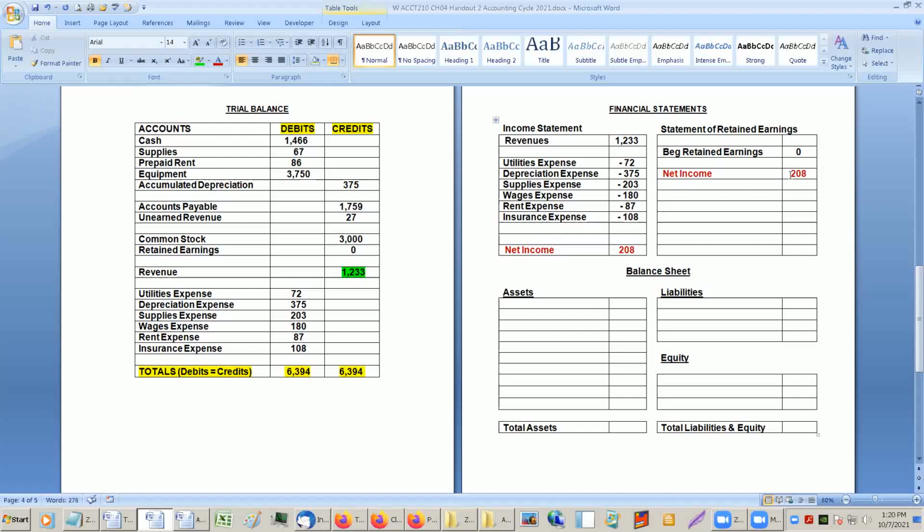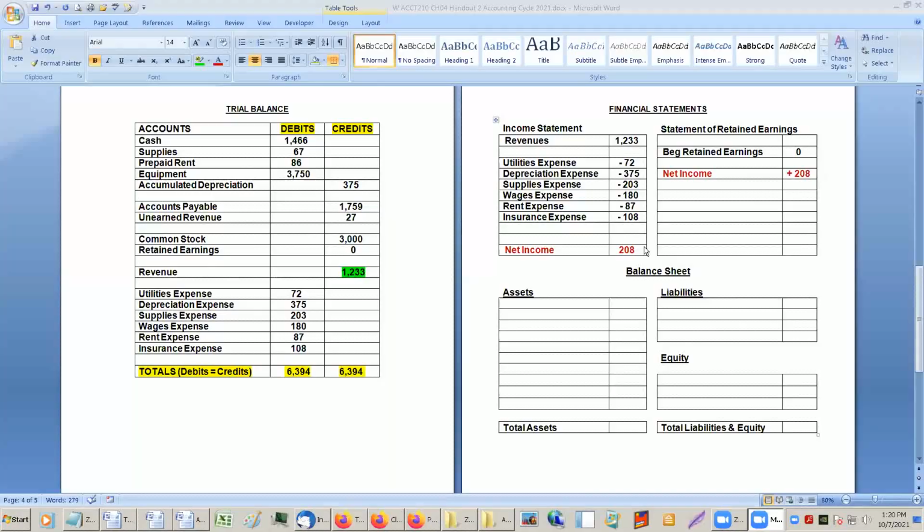Are those negative numbers? Yes, because the expenses are going out. So what's coming in are the revenues, and these are what's going out. If you leave them as regular, as long as you subtract them, that's fine.